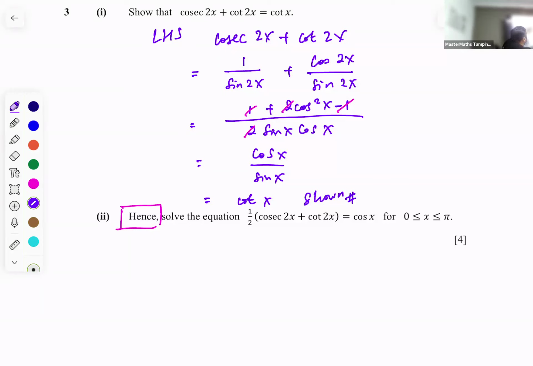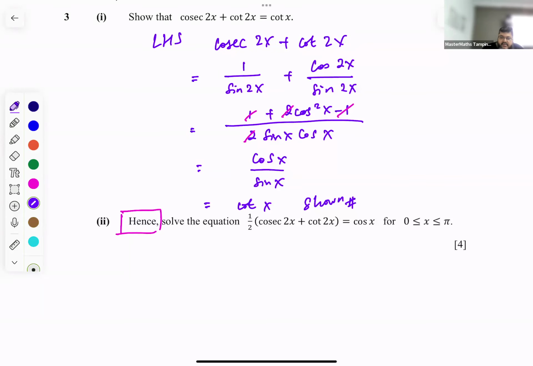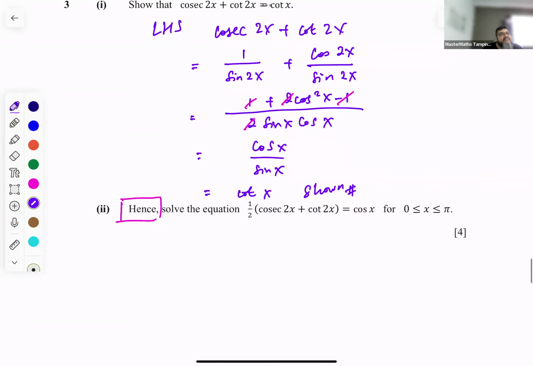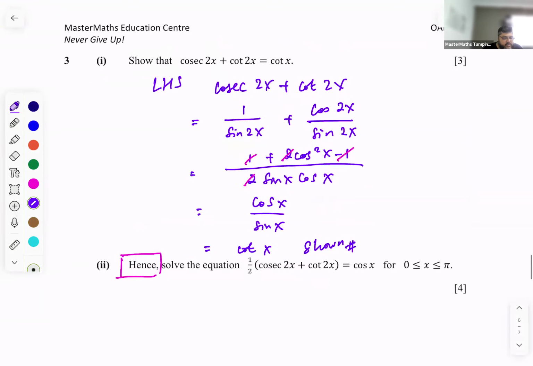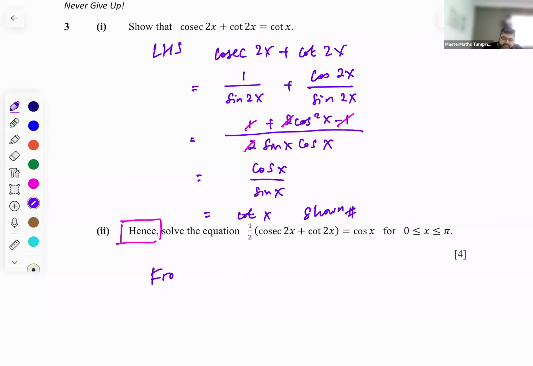Now, after doing this, hence solve it. They say this is equal to cos x. Remember, look on top. From part 1, you know that half cotangent x is now equal to cos x.